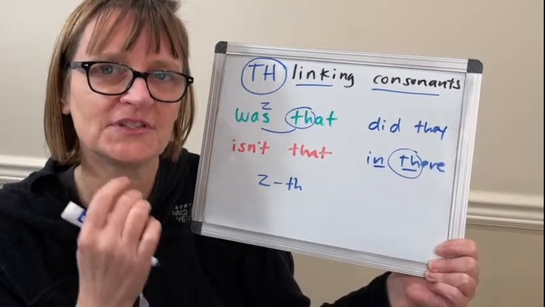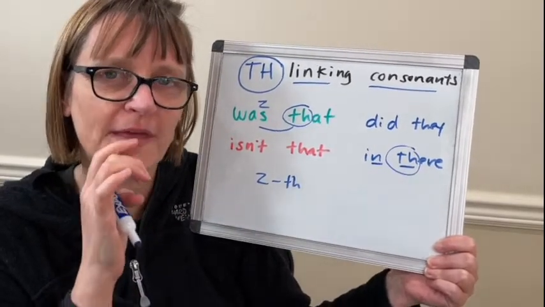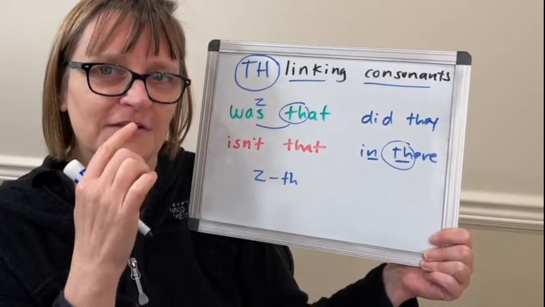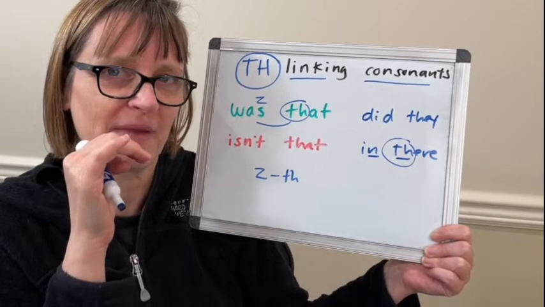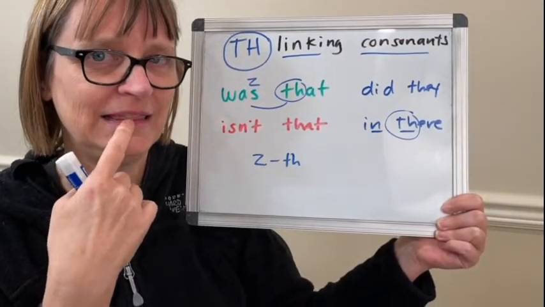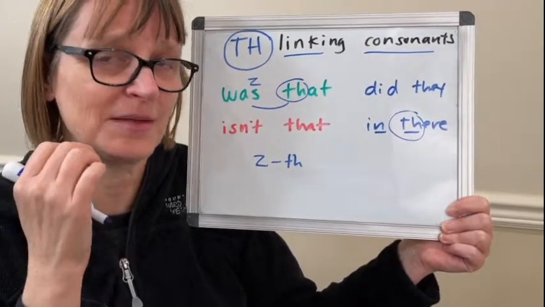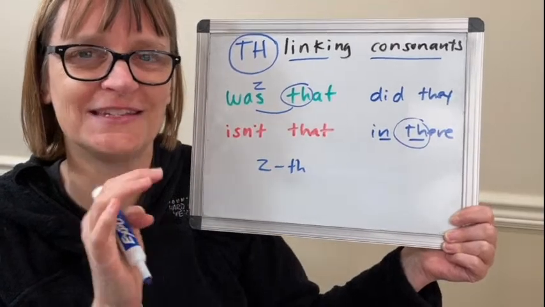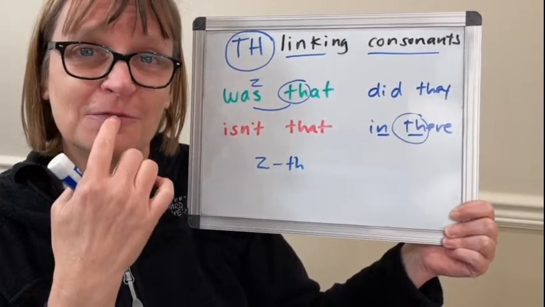So what I do instead is I still form the N with my tongue behind my teeth, but instead of the tip of my tongue lifting there, I lift a little further back with the tongue. It looks like this, in there. So you can still hear, I can make the N without the ideal tongue position of tongue behind the teeth. I just have my tongue ready for the TH.